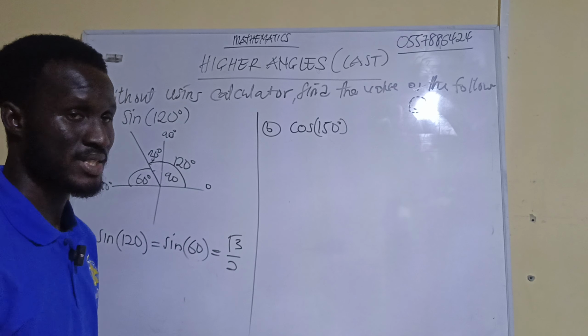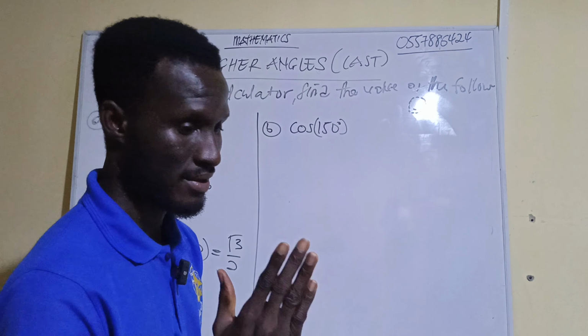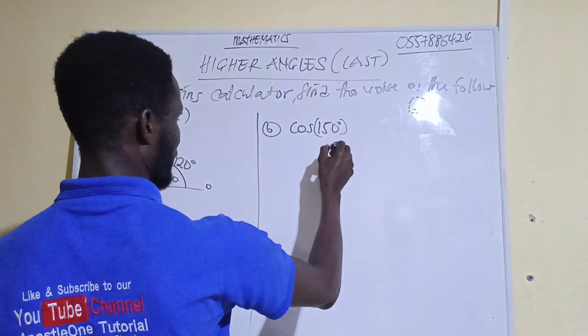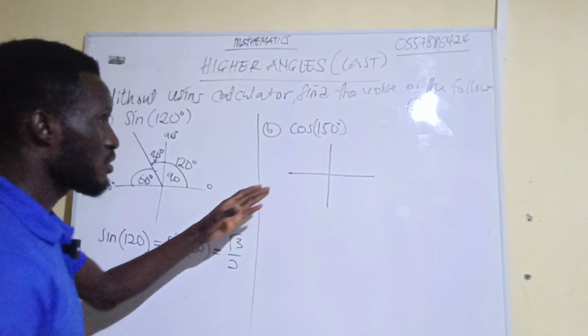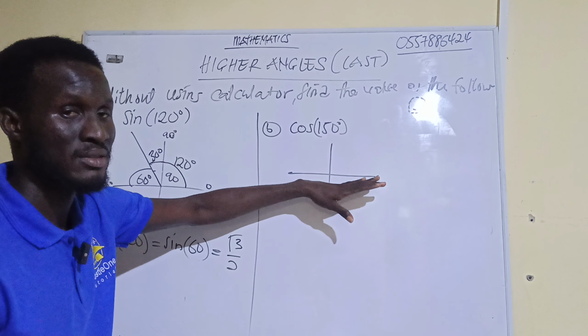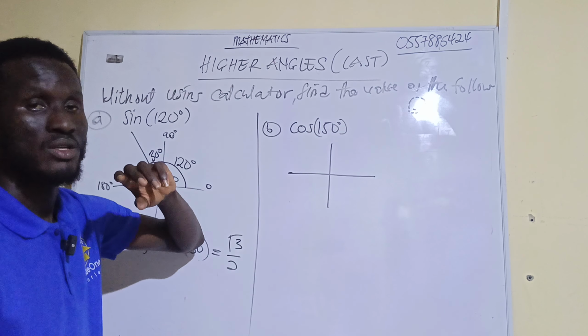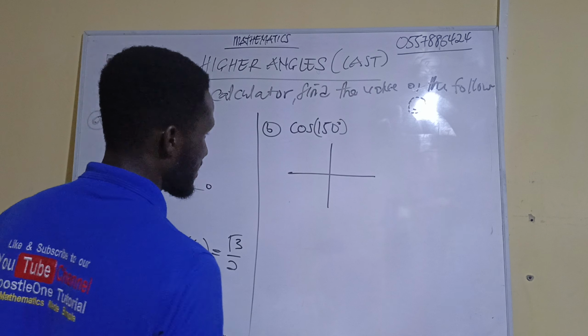How do we convert to a special angle? We need to draw. I don't want to use any formulas here. Yes, we need to draw. The moment you are not able to convert this one to an acute angle or a special angle, everybody will know that you punch it on the calculator.